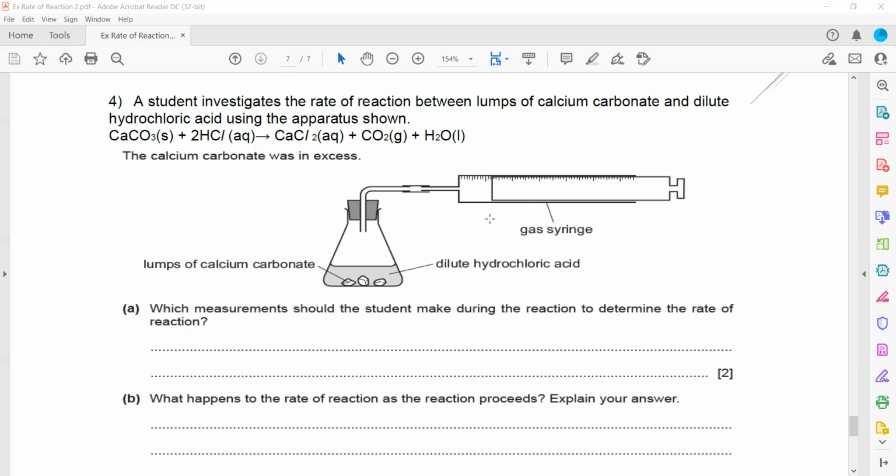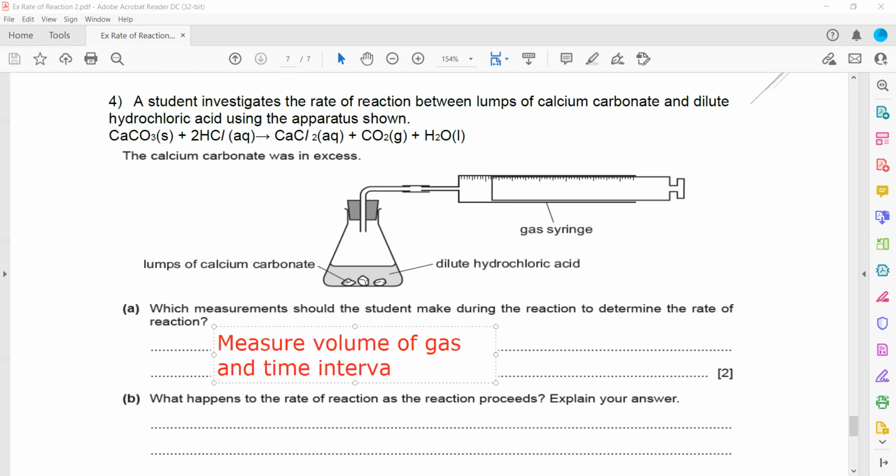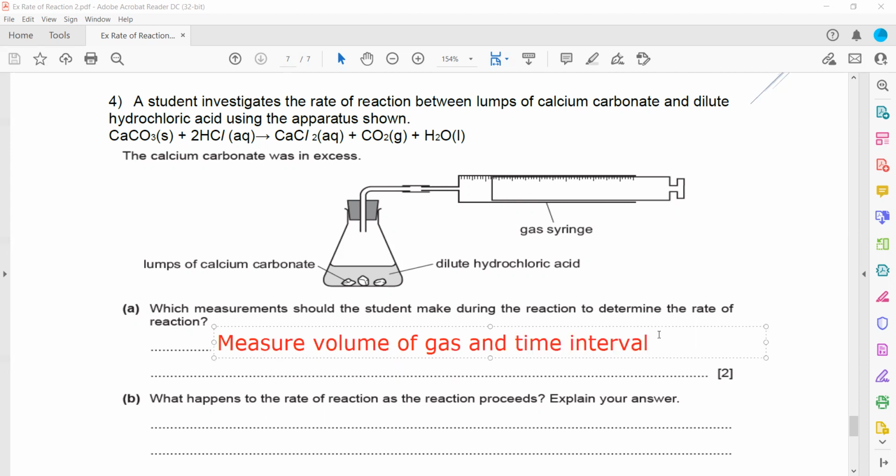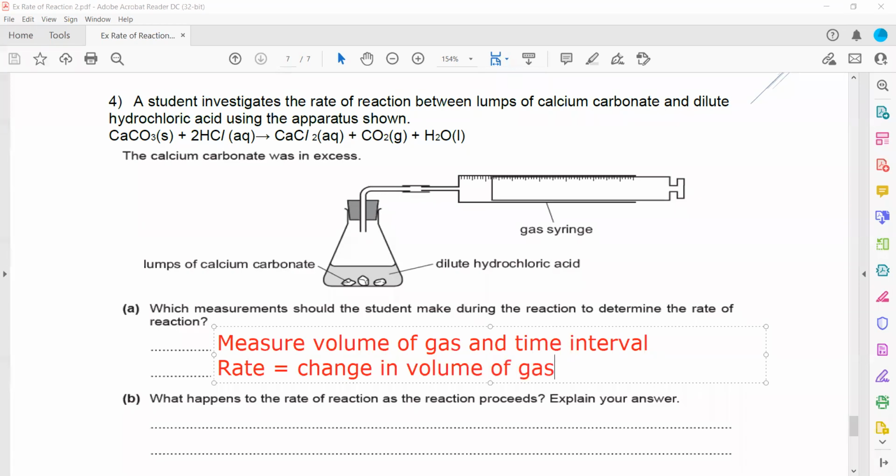But because a gas syringe is connected here, the student can measure the volume of the gas and the time interval. And how he can find the rate: that is a change in the volume. So rate will be equal to change in volume of the gas, which is a product here, divided by time.